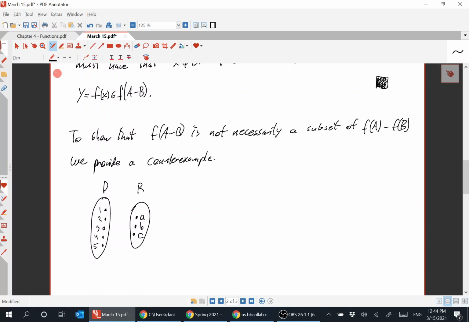Right, so let's say that here is the image of A and the image of B. We'll make the image of A and the image of B the same thing, but make A and B different. That'll make that empty. So what kind of a function could we make here?